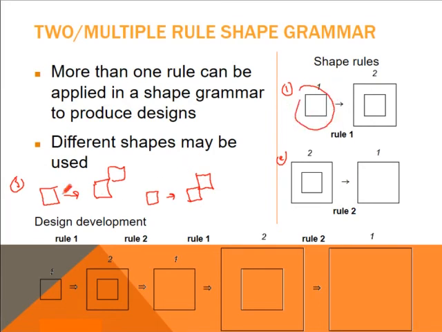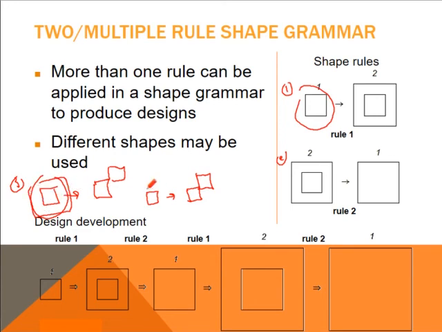So as long as you have, in the development process, a shape similar to the one on the left here, then you can apply the rule. You cannot apply rule number 2 because it is not like that. Unless you have 2 squares, then you can apply it. But in this case, rule number 3 is a single square like this.